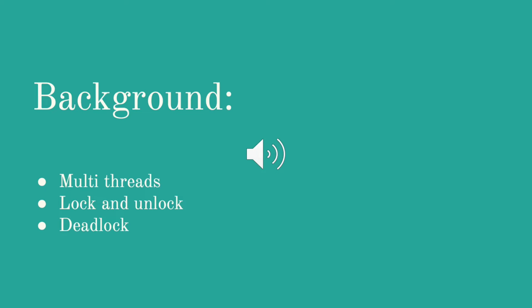Before introducing this approach, let us review some basic knowledge in the background. In what kind of situation do deadlocks happen? Multi-threaded systems. Multi-threading is the ability of a program or an operating system to enable more than one user at a time without requiring multiple copies of the program running on the computer.